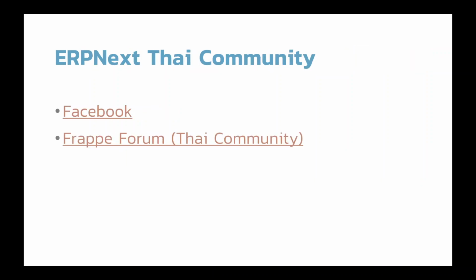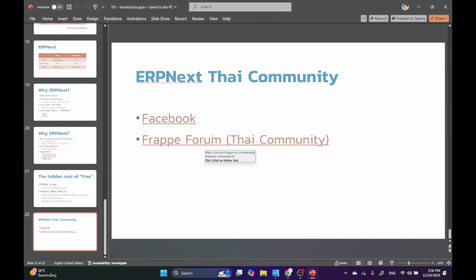Okay, and I just want to let you know, for the Thai people, that we just launched the Thai community. So I'm part of it because I'm quite active in the community too. So we just had the Thai community forum. I just want to advertise, but let me show this.